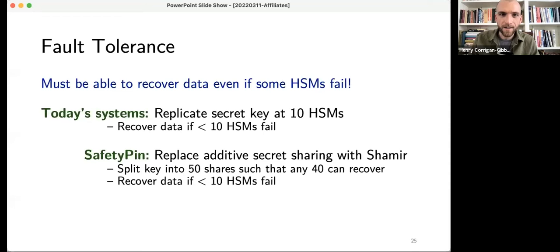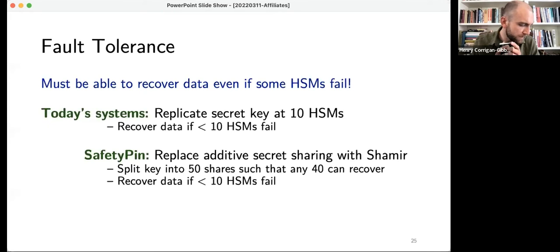Great question. I hope this slide gave you a little bit of information about that, but this is all parameterizable. Essentially you can say, okay, I'd like to tolerate the failure of 5 HSMs or 10 HSMs or 20 HSMs. And when the client encrypts, it encrypts its data in such a way that as long as not too many HSMs fail, it can still get its data back.